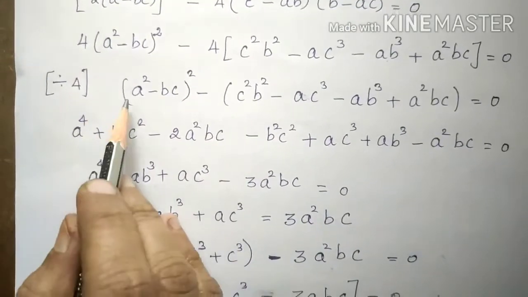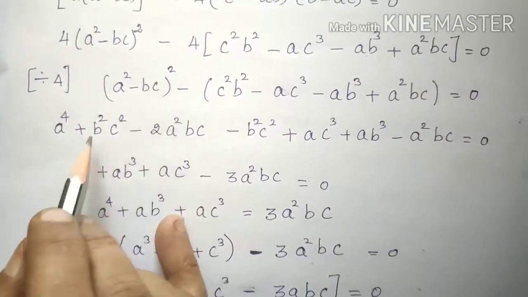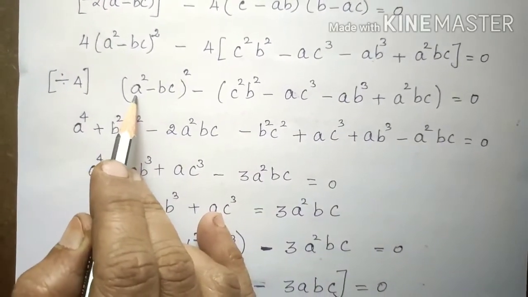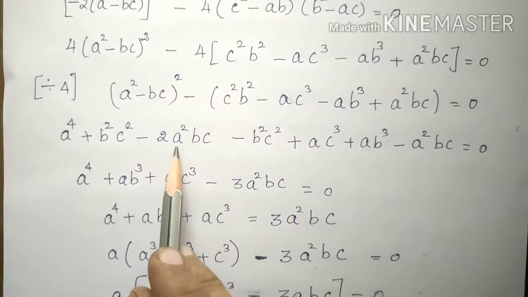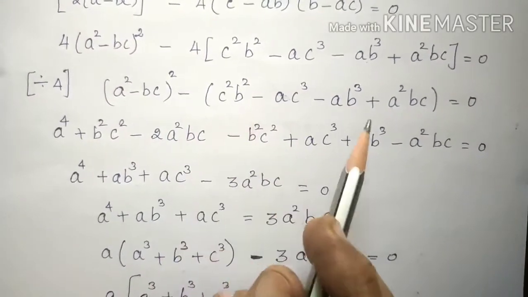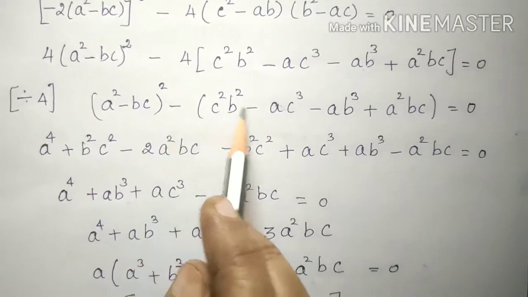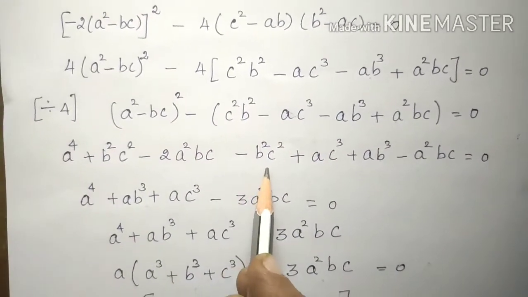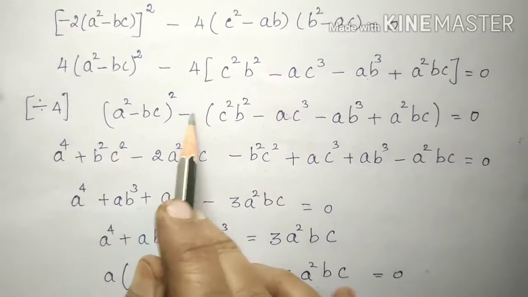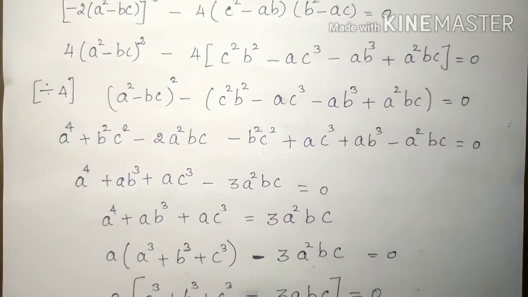So we write a power 4 plus b squared c squared minus 2 a squared bc. Since there is a minus outside the bracket, we multiply the minus with the terms inside: minus b squared c squared, minus into minus gives plus a c cube, minus into minus gives plus a b cube, and minus into plus gives minus a squared bc, equal to 0.